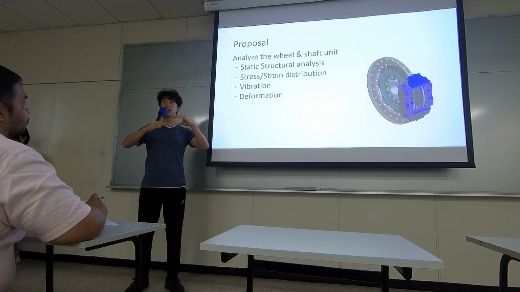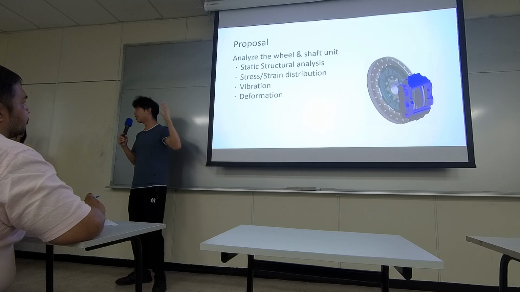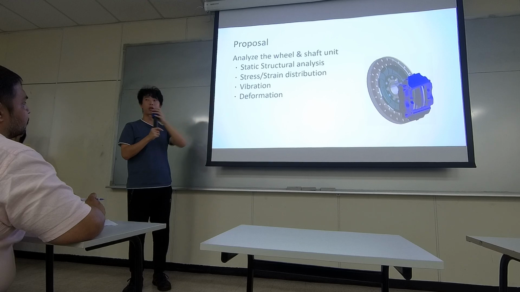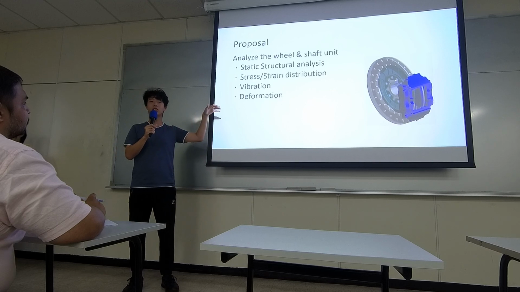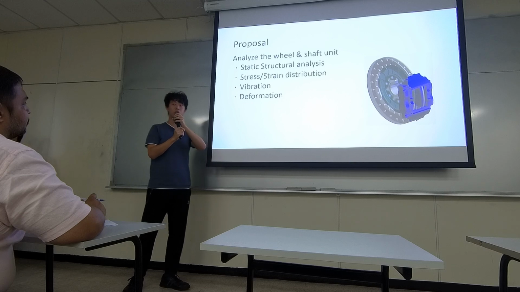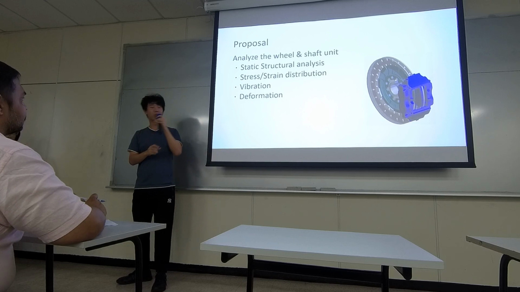We want to know what kind of shape and material we should use for the shaft and the wheels. There's also another point we didn't put in our PowerPoint: we also want to see what other kinds of robot arm units we could use on these systems. So this is our proposal.